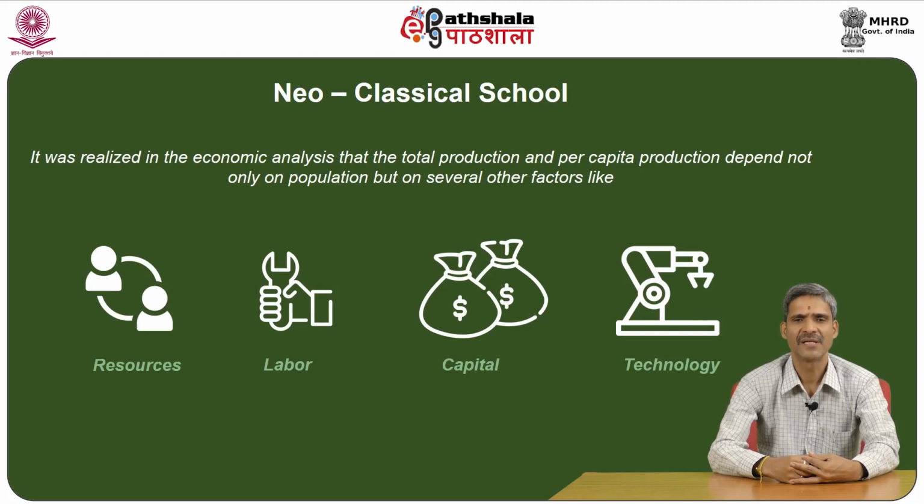That means the total production or the per capita production depend on several factors. Population happens to be one of the factors, and other factors, particularly the labor related factors or capital or the technological advancement, these factors would also influence the production, whether it is total production or per capita production.